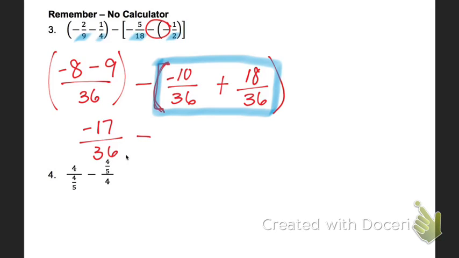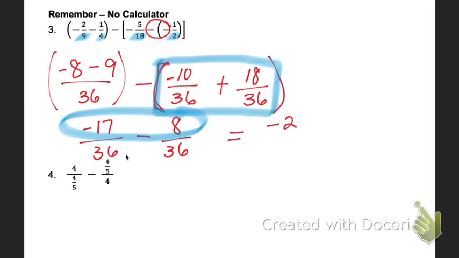So minus 8 over 36. If I keep going, I'm going to combine the numerators. So negative 17 minus 8 becomes what? Negative 25 over 36. Can I reduce this anymore? I am done. See, it wasn't that bad. You thought it was going to be bad. It was not.